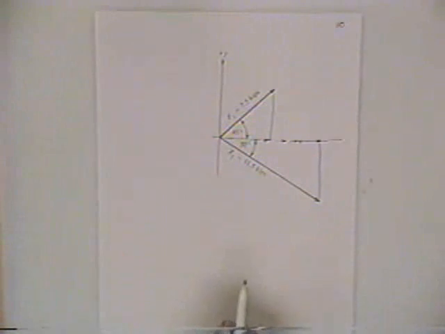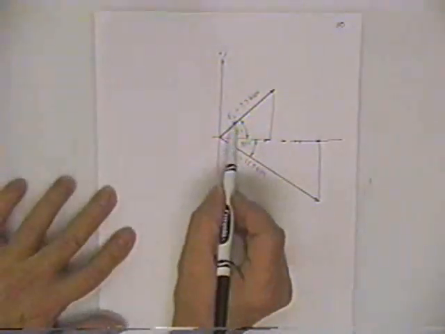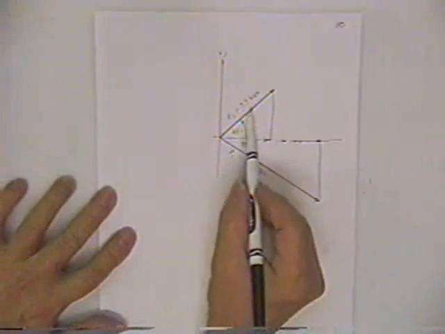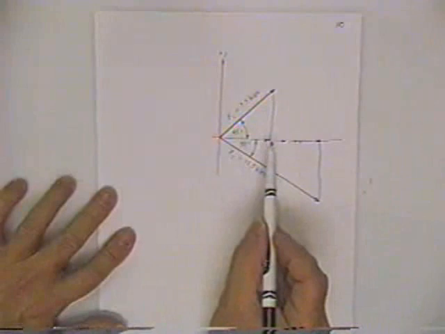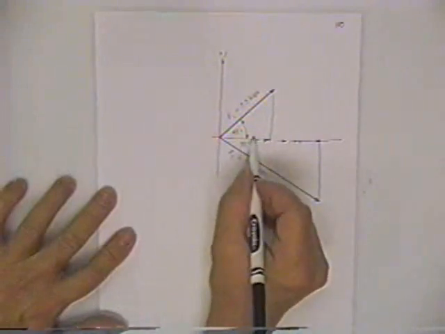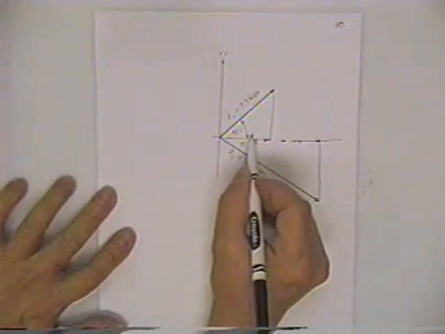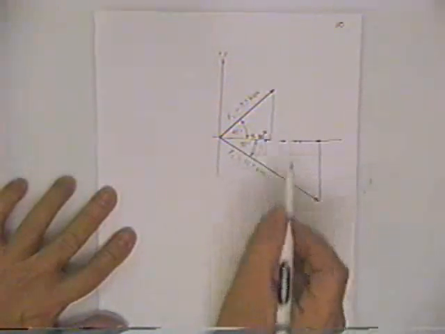Alright, now then, we're going to take the horizontal component of the F1 force. We'll multiply 7.5 kips times the cosine of 45 degrees, and this projection on this axis then would be 5.30 kips.